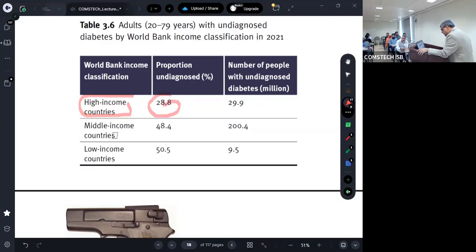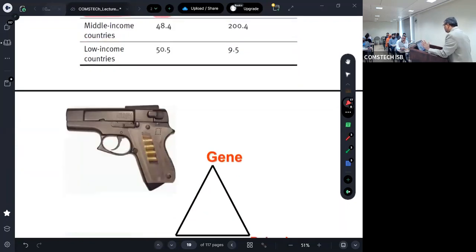In the Middle East, middle income and low income countries, almost 50% of people don't know whether they have diabetes or not. Undiagnosed diabetes is more dangerous. If you start treatment today, in the early stage, it can be well managed. But if it is in the complication stage, you can't do anything. There is no point of return.